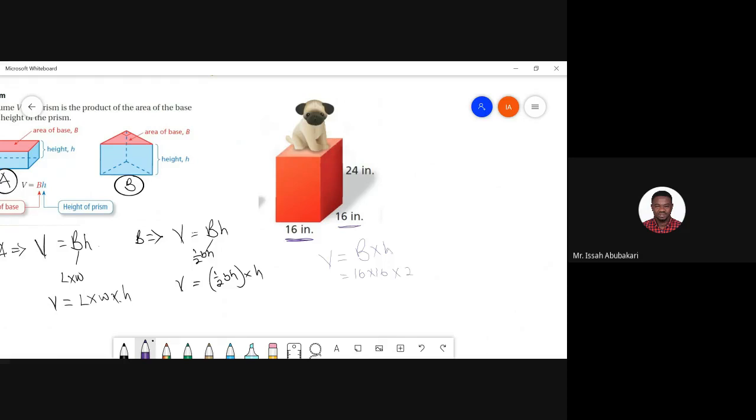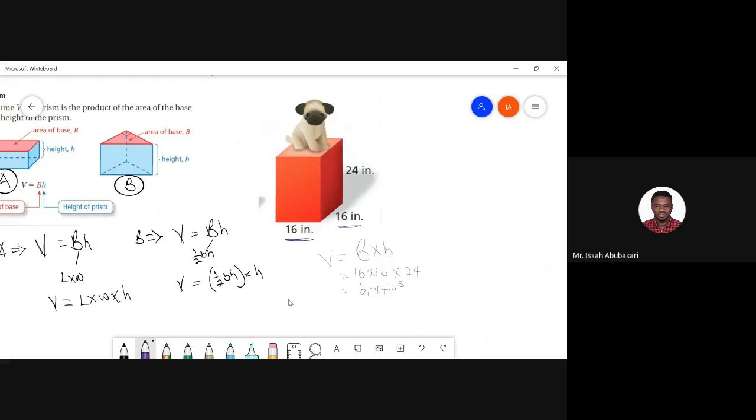The height, which is 24. If you multiply 16 by 16, which is 256, and you multiply that by 24, this should give us 6,144 inches cubed, because they are all inches. So when you multiply all of them together, you get 3 inches multiplying, and you get inches cubed. It's as simple as that.